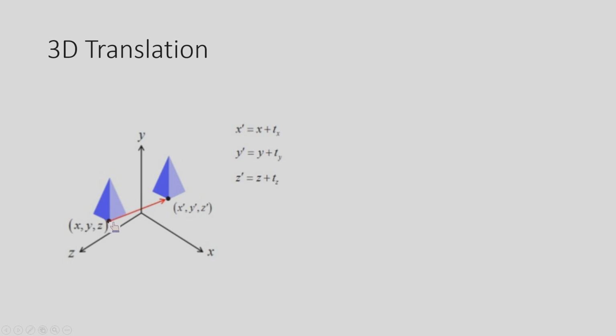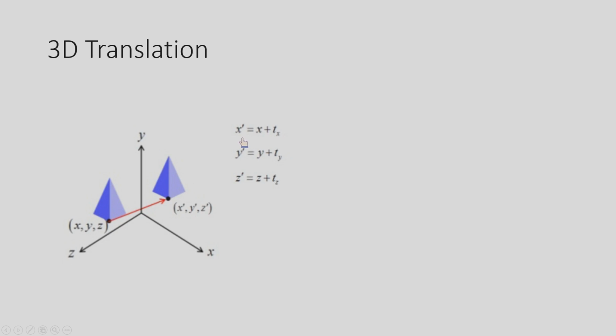Suppose x, y, z are the coordinates of the original position of the object. Suppose this object is moved from this to this and the corresponding point is moved from here to here. So x dash, y dash, z dash are the coordinates of the new location of this point, and we have to calculate these coordinate values.